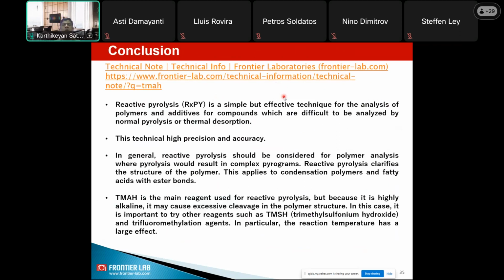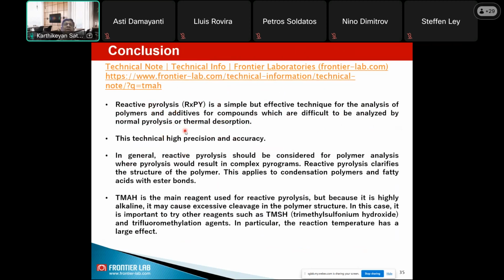To conclude this 30-40 minutes of sharing, I want to emphasize a few points. Reactive pyrolysis is a simple but effective technique for the analysis of polymers and additives, for compounds which are difficult to analyze by normal pyrolysis or thermal desorption. In some cases, as I have shown, normal pyrolysis may not give a distinct peak for certain chemicals or structural information that we are interested in verifying.